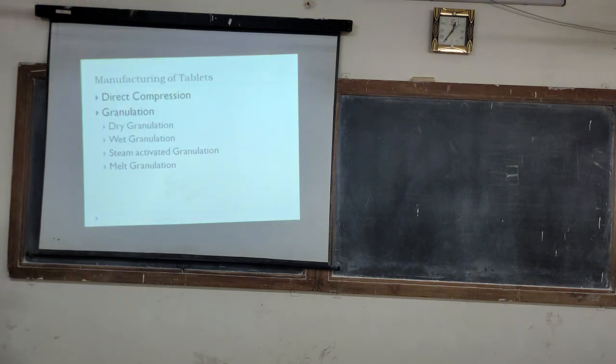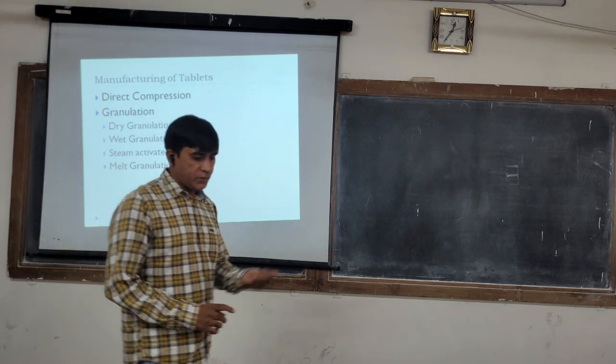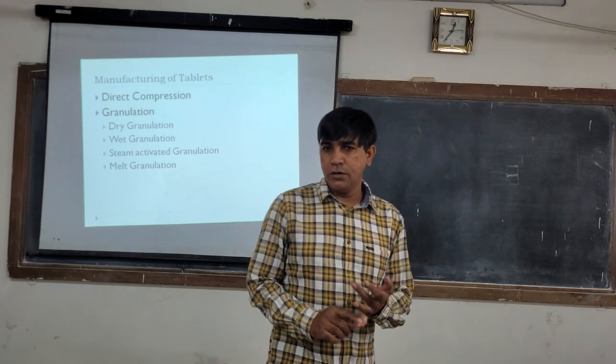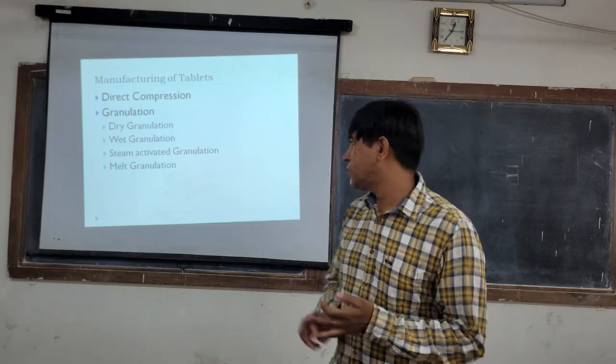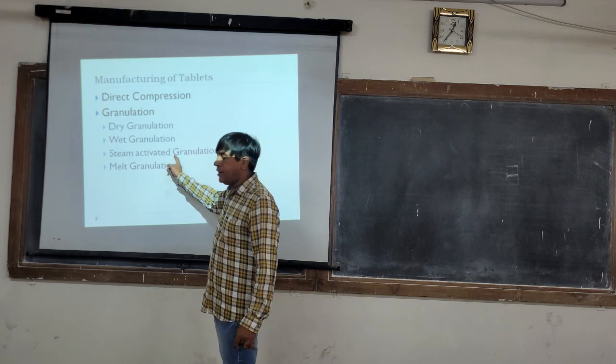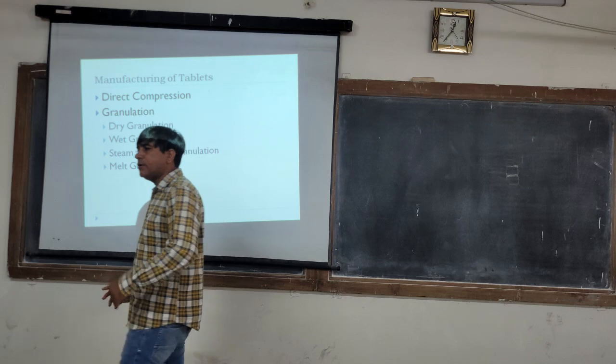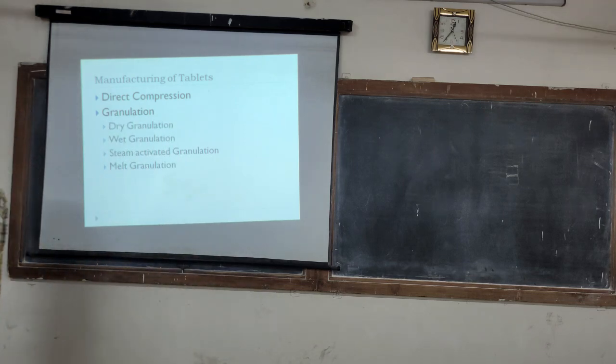Now, manufacturing of tablets. Tablets can be manufactured by different methods: direct compression, wet granulation, and dry granulation. These are the most common examples. The last two, steam activated granulation and melt granulation, are very uncommon, but can still be used for preparing some tablets.